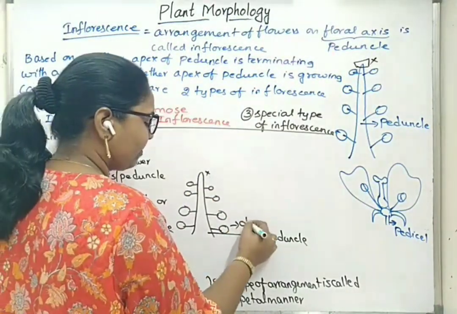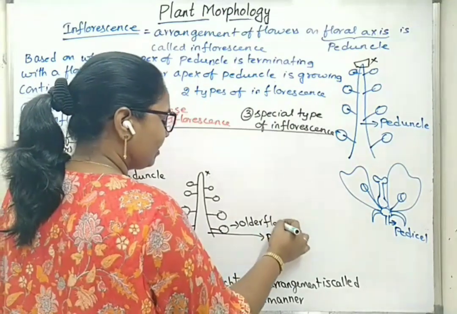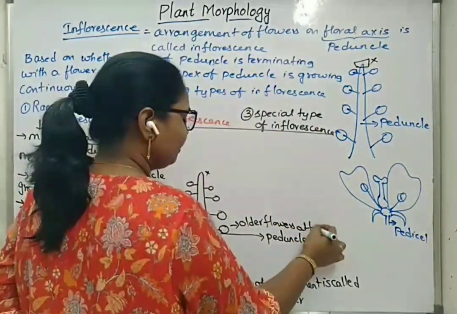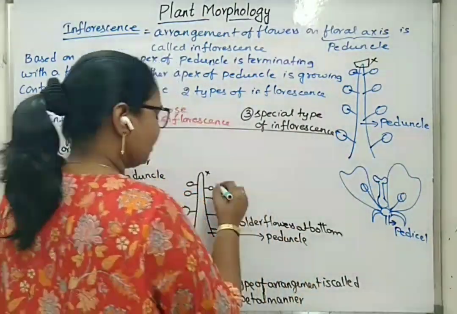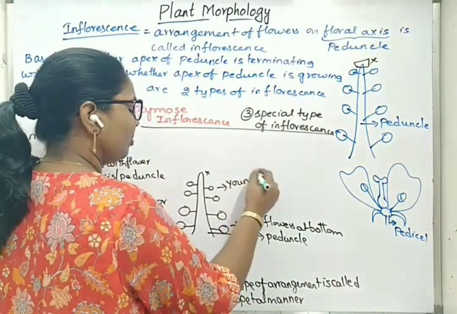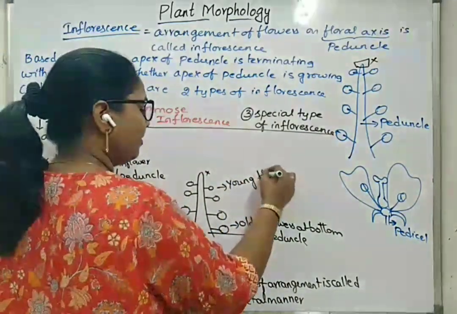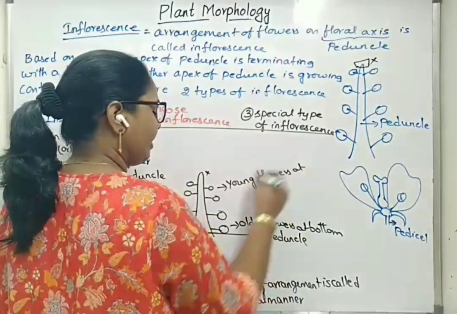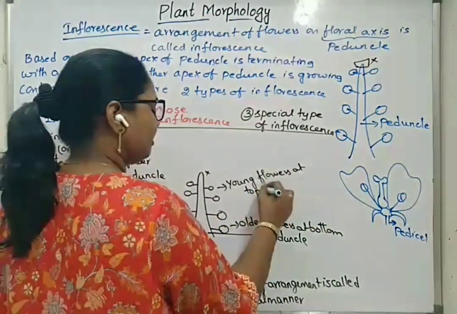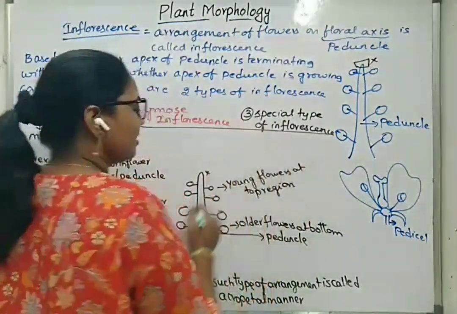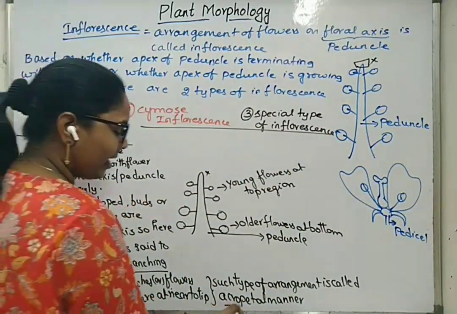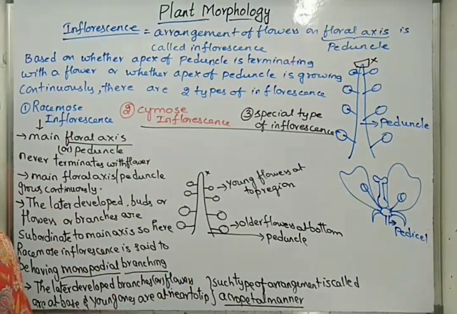So we can say older flowers at bottom, young ones or newly developed ones at the top region. Such type of arrangement is called acropetal manner of arrangement of flowers or branches.